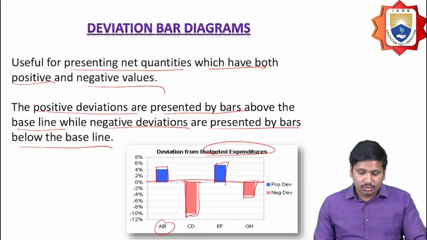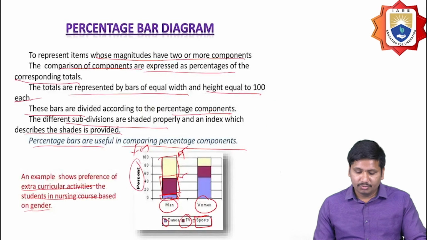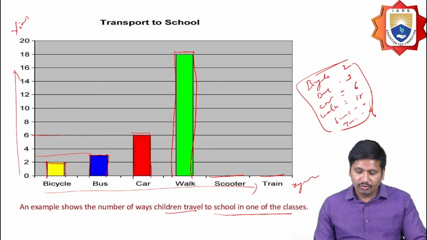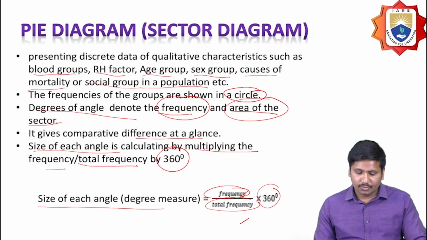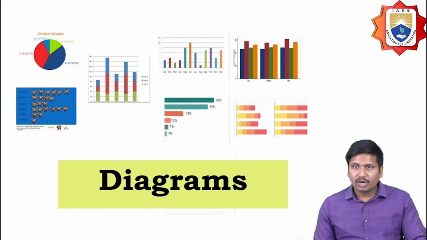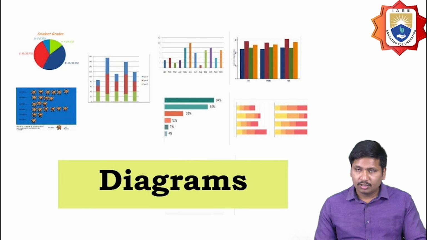right? So these are the various types of diagrams we have for presenting the data. We have diagrams like bar diagram. Again, this bar will be of different types: simple bar, composite bar, multiple bar, deviation bar, percentage bar, and pie chart.